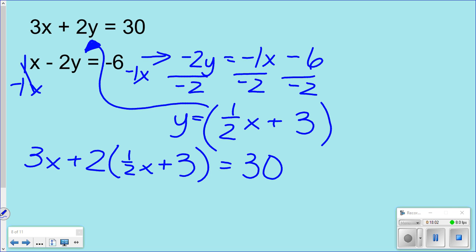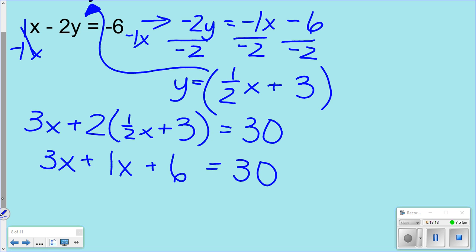Okay, now we can do our distributive property. 2 times half x would be 1x. And 2 times 3 would be 6. So this is what it would look like after I do my distributing. You want to go from there and see if you can figure it out?